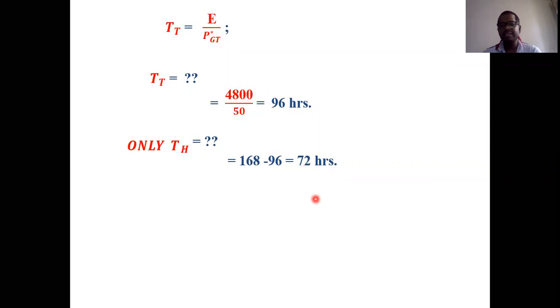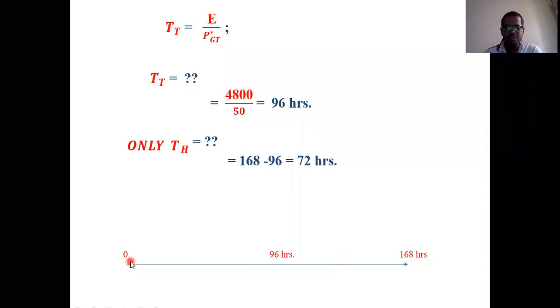Then how to represent the entire problem graphically? For example, considering the time axis, let us take time 0 and 96 hours as the first time period. From 0 to 96 hours is the first time period, and 96 to the remaining time is the second period. This is 72 hours, since 168 minus 96 is 72 hours.